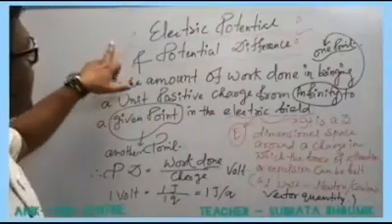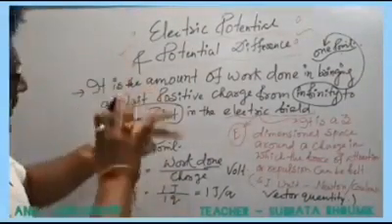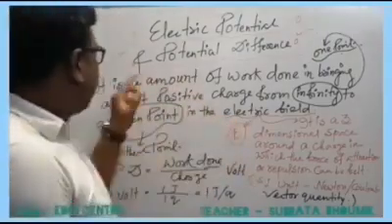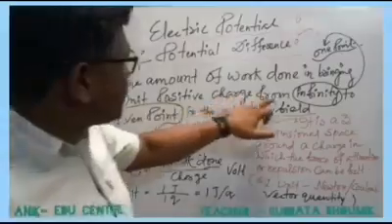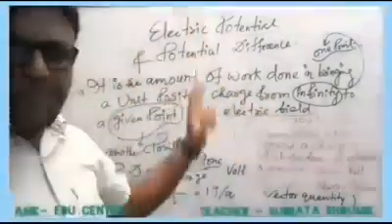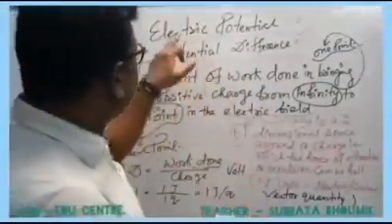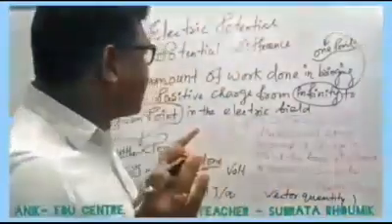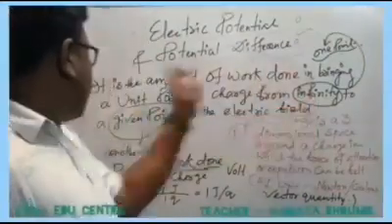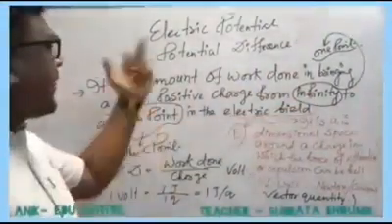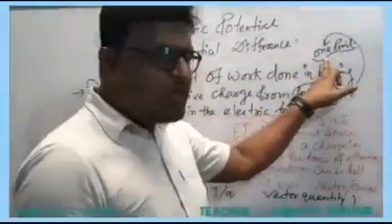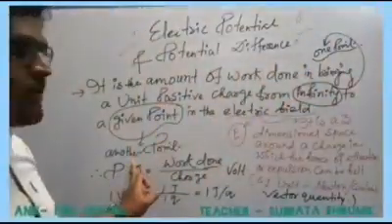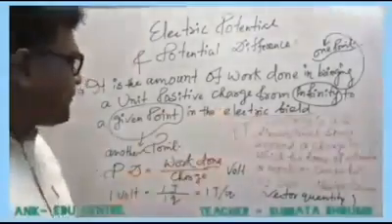So now what is electric potential difference? The definition you have to remember this way. It is the amount of work done in bringing a unit positive charge from one point to another point in the electric field.